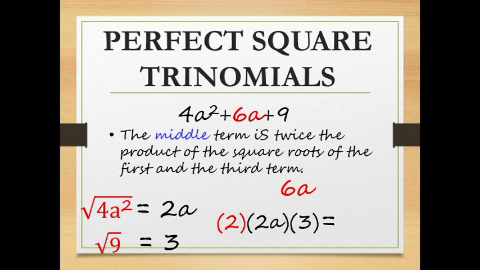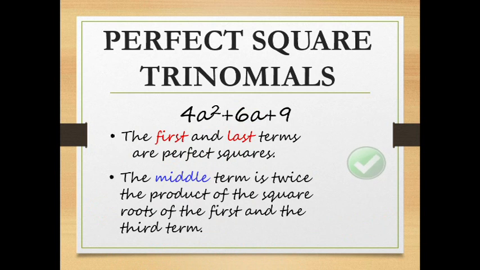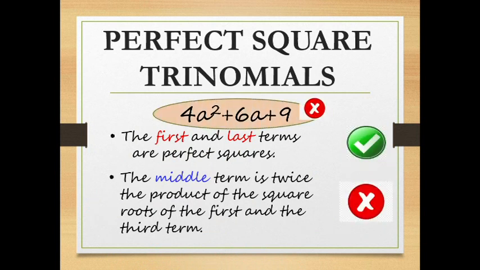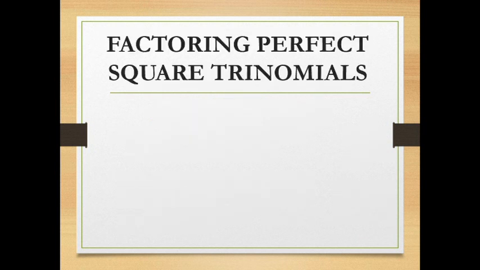Let's multiply. 2 times 2a times 3 is equal to what? Very good. 12a. Kung mapapansin nyo, hindi magkaparehas yung middle term natin at yung nakuha nating product. So, ibig sabihin, hindi siya pasado sa pangalawang check. Kaya masasabi natin na hindi siya perfect square trinomial.